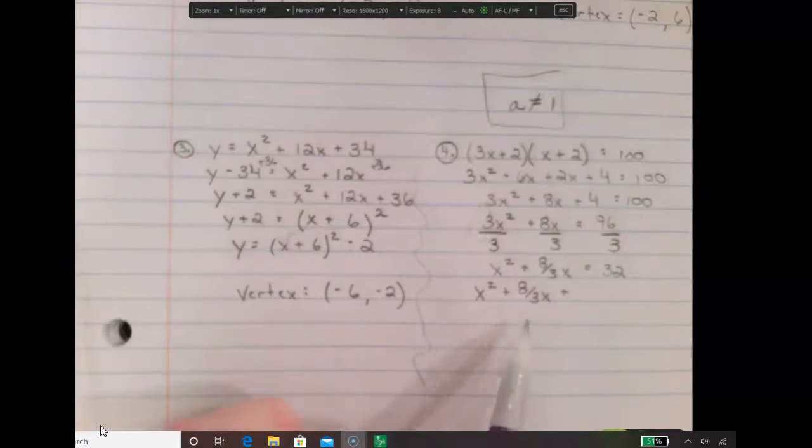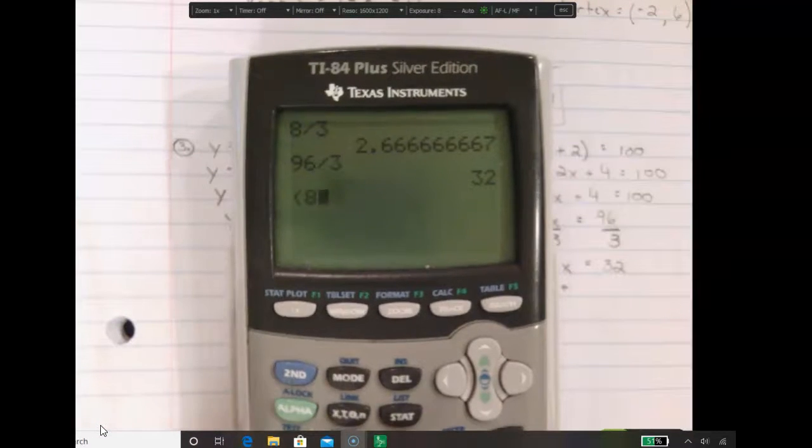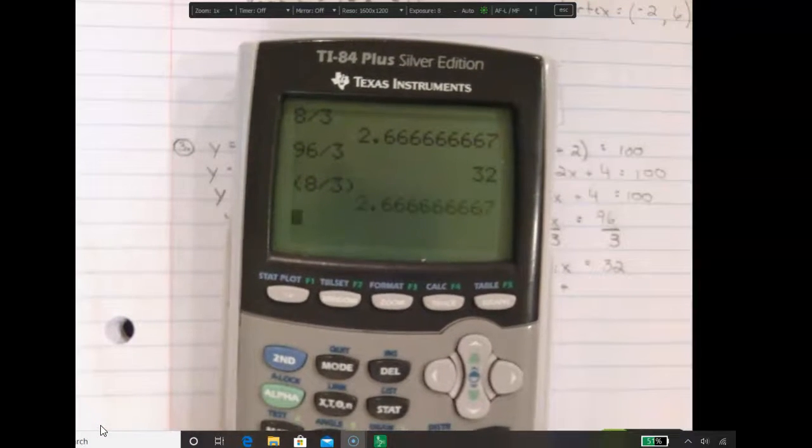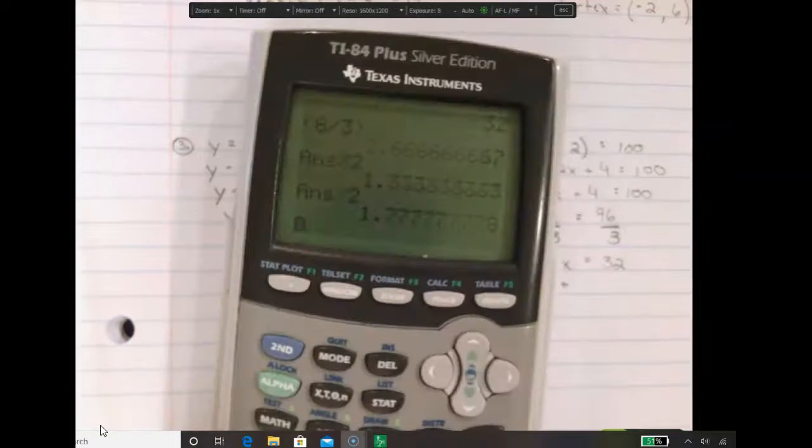And c is going to be, I'm going to take this 8 thirds, divide that by 2, and then square it. I would probably come over to my calculator, guys, on this step and do this all in one step. 8 thirds divided by 2, and then square it.